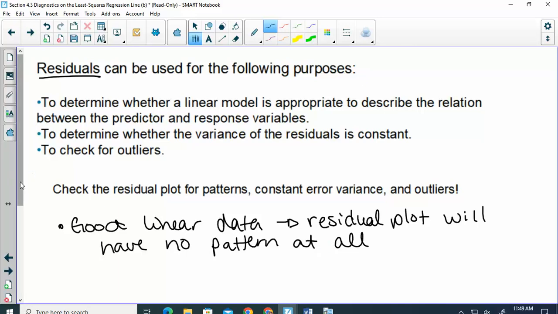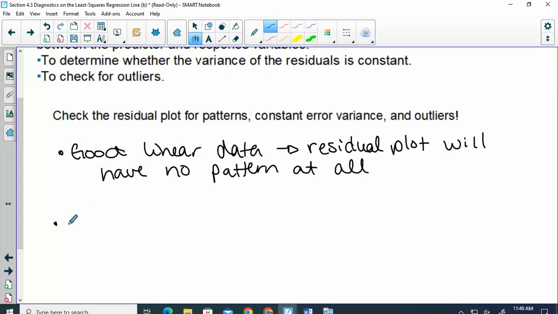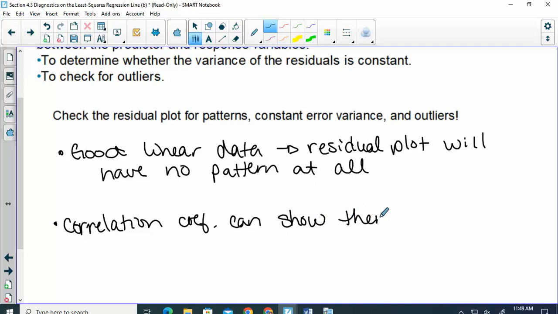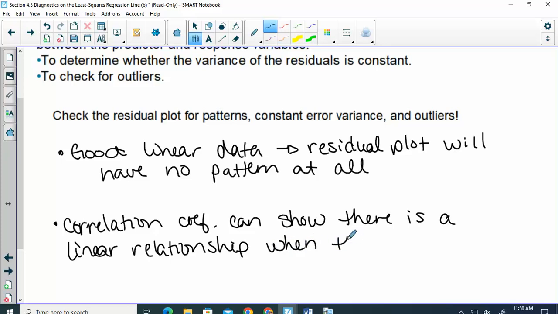The reason we do this is the correlation coefficient can show there is a linear relationship when there actually is not.